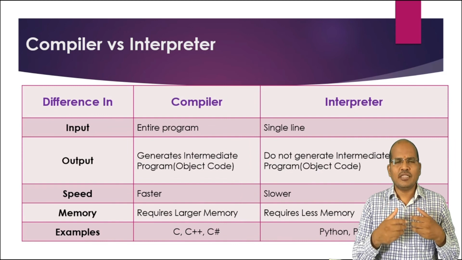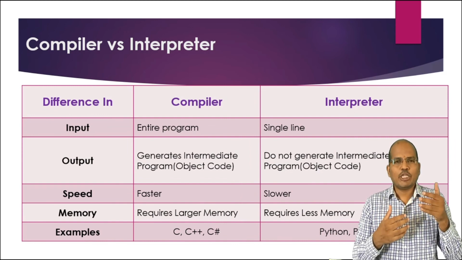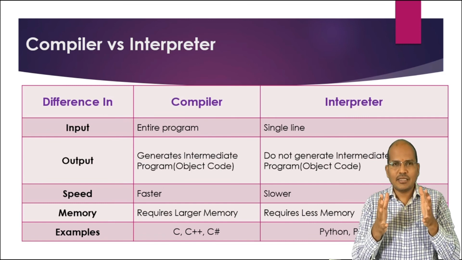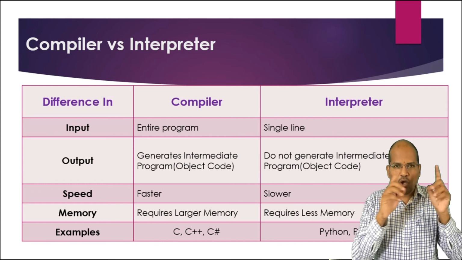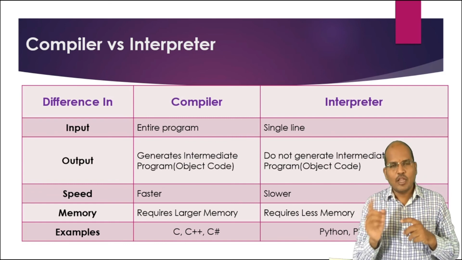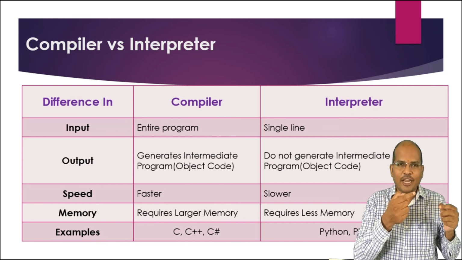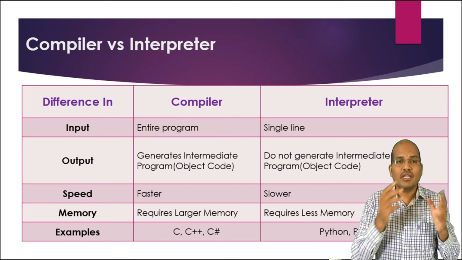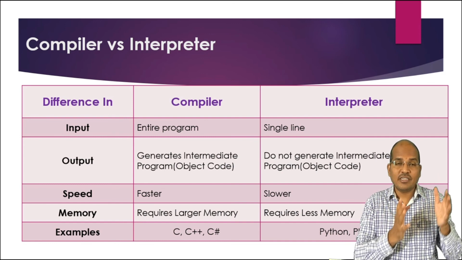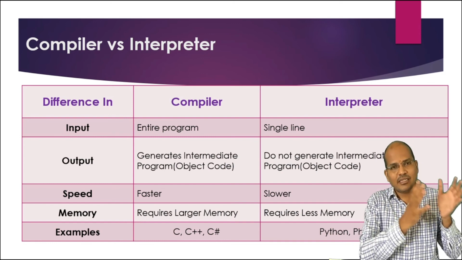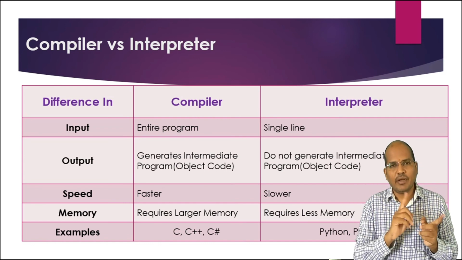So going ahead, let us see the difference between compiler and interpreter. This is normally asked in many interviews also. With respect to input, the compiler takes the complete program into account and translates the whole program at once, whereas an interpreter takes only a particular line of the program and performs conversion line by line. So keep in mind, a compiler converts a complete program as a single block at once, whereas an interpreter converts line by line.